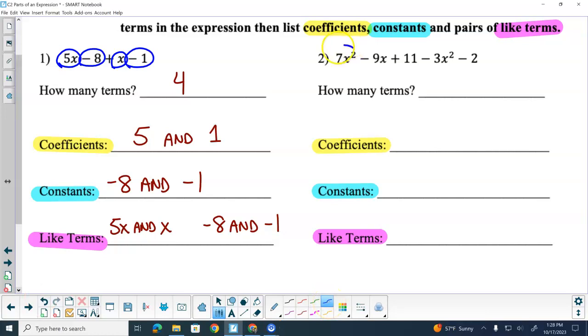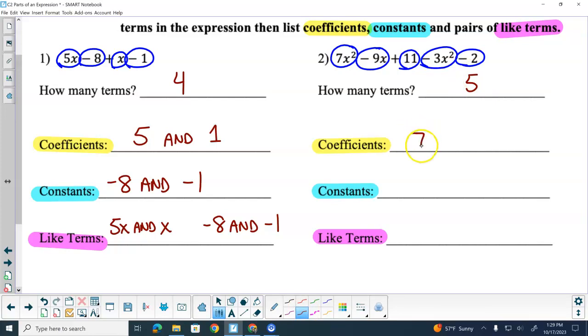So we've got one term here at 7x squared. We've got one term here at -9x. We've got one term here at +11. We have one term there at -3x squared. And we have one term there at -2. That gives us 5 total terms. Coefficients are numbers in front of variables.